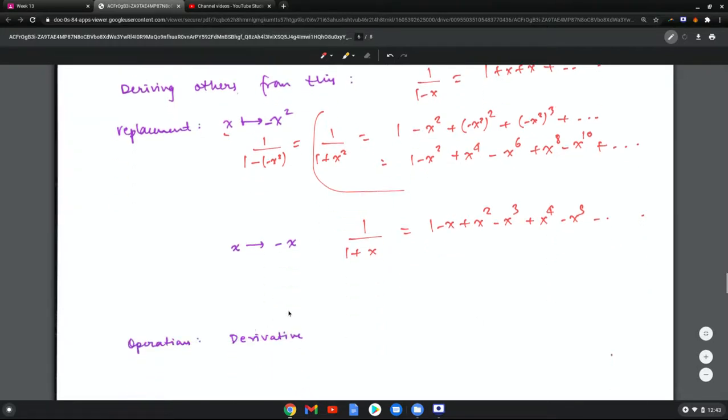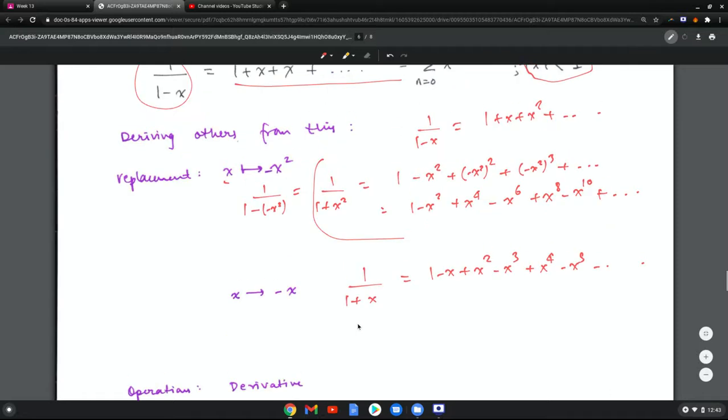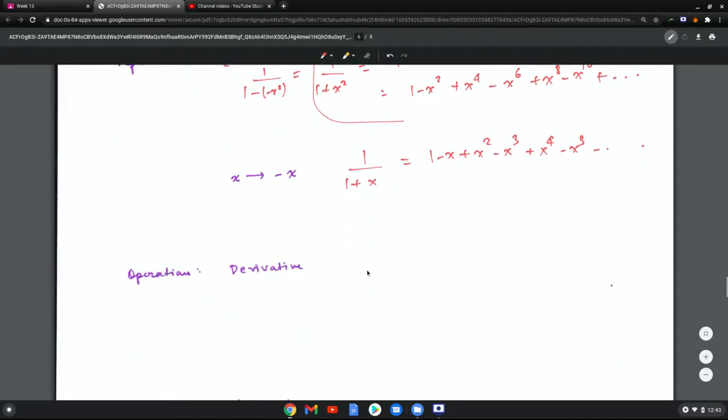Now you can also do operations. What if I take the derivative? The derivative of 1 over 1 minus x must equal the derivative of its power series. What's this derivative? That's 1 over 1 minus x whole squared.